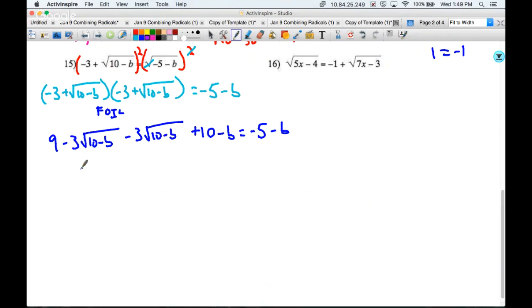All right, let's combine our like terms here. We're going to have negative 6 square root 10 minus b. Since the square root of 10 minus b is the same, we can just combine the coefficients there. The 9 and the 10 are going to come together to become a 19. We've got this minus b here.